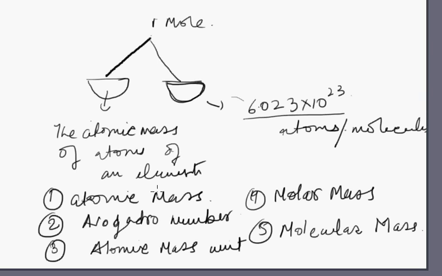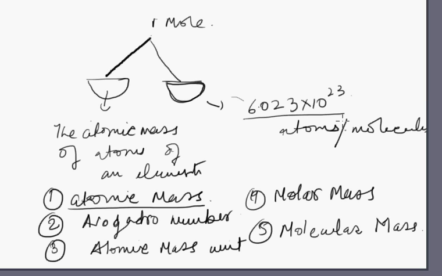First, if we talk about atomic mass, it is nothing but the mass of one atom of an element. That is, the atomic mass of an element contains the mass of one atom of that element.